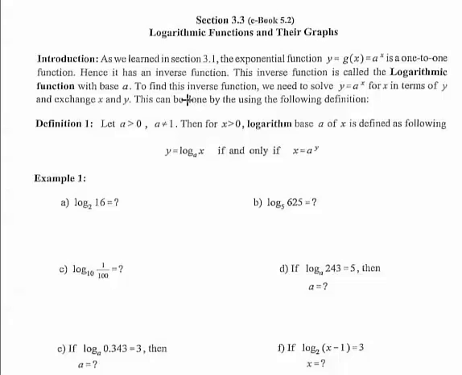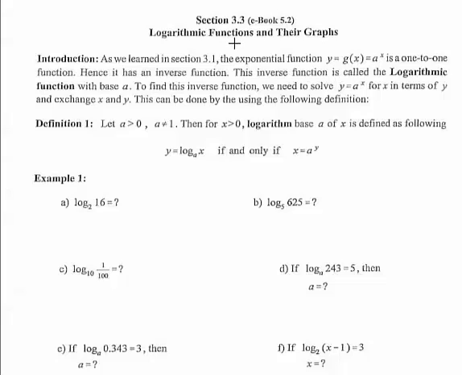Section 3.3, we're looking at a new type of function, a logarithmic function, and we're also going to talk about what their graphs look like. And it just so happens that a logarithmic function is actually the inverse function of exponential functions.